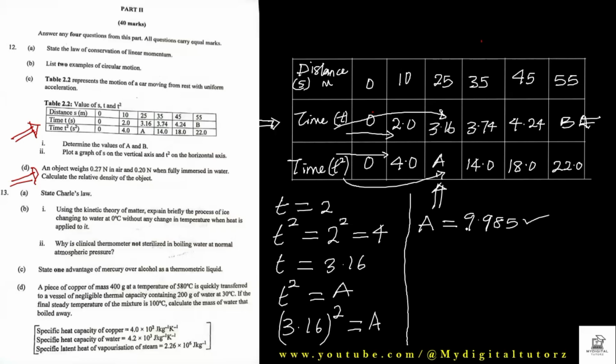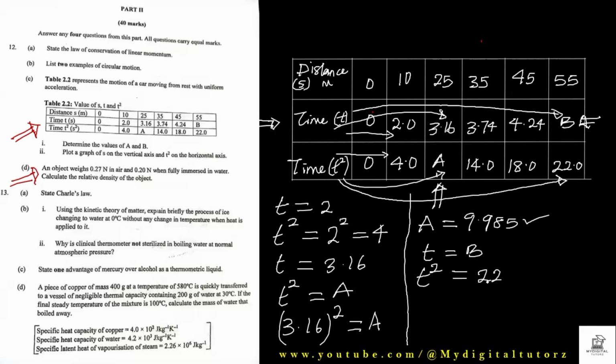How do we get the value of B? The same thing you did. When t is equal to B here, what is the corresponding value of t squared? T squared is equal to 22. So anywhere you see t, you put B there. That implies B squared will be equal to 22. So when you have this, B squared is equal to 22, you find the square root of both sides.